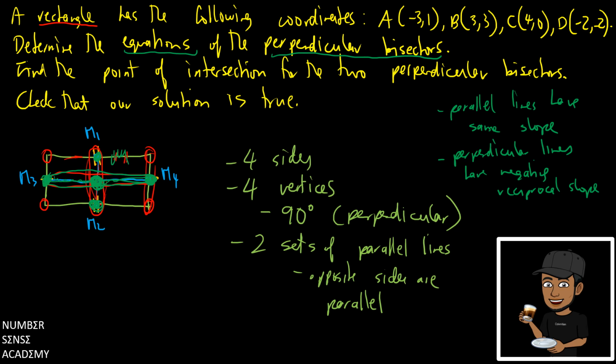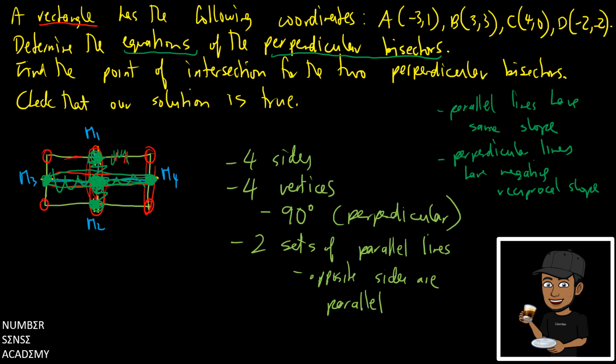I need this midpoint and this midpoint to be able to find this midpoint. I could do that calculation, or once I have this equation and I have this equation, I just find their point of intersection using substitution or solving a linear system. All right.